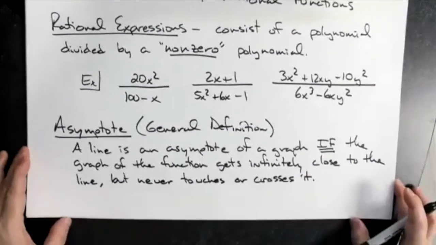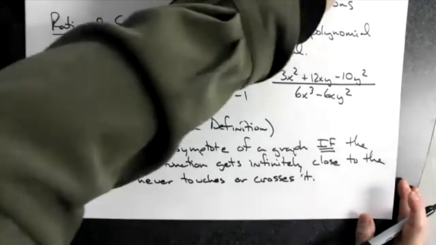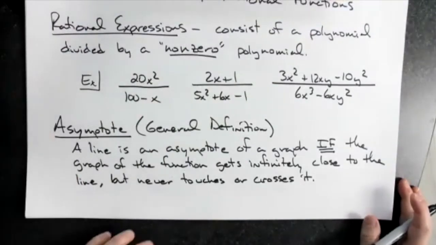And that's typically the definition that they give, especially a very early on definition of an asymptote.